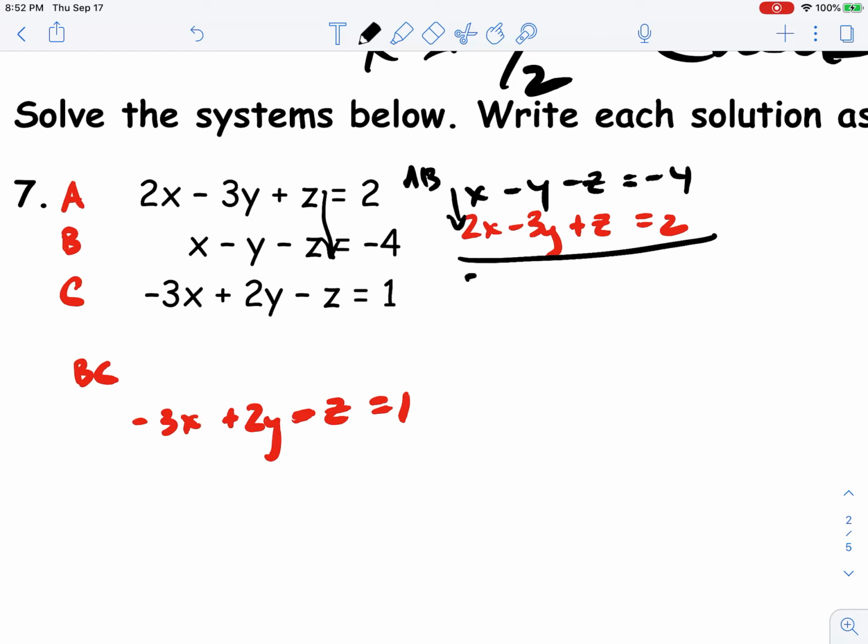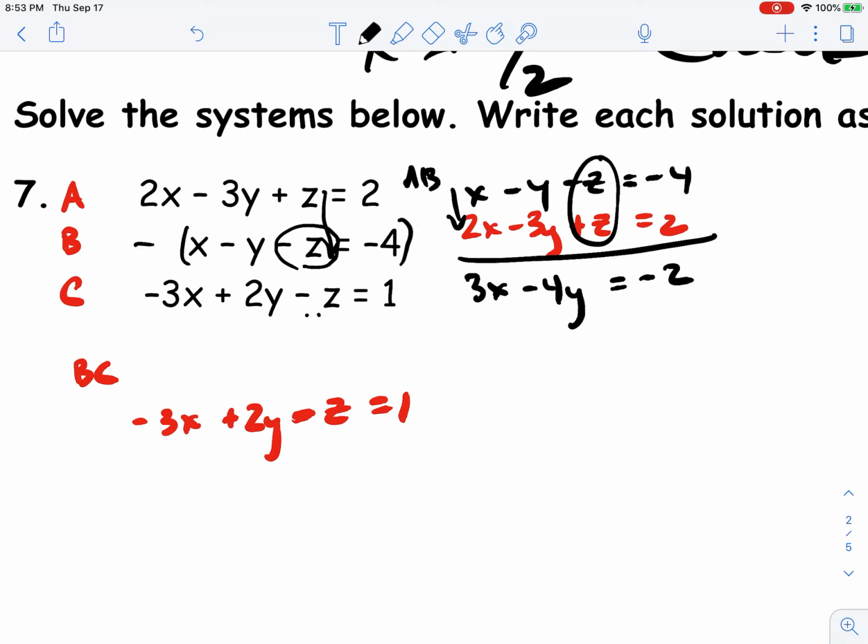And then I add 3x minus 4y. These cancel out, equal negative 2. I'm going to hold this for a second and go to my second set of equations. What I notice is this would be really nice right here if that were a positive z, because when I add it with a negative z, they cancel out.